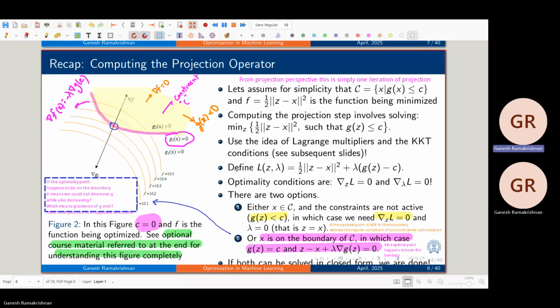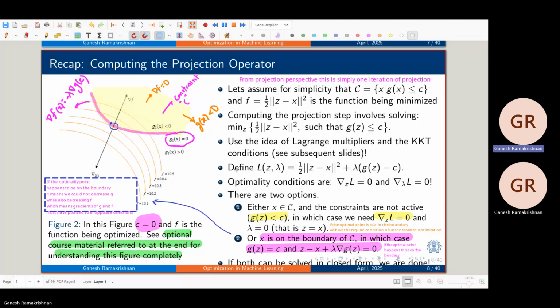which means there is a non-zero gradient of f in the direction of the negative of the gradient of g1.